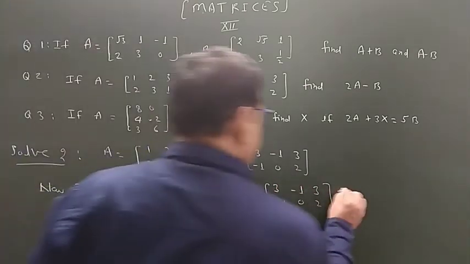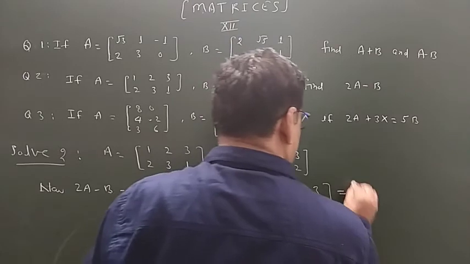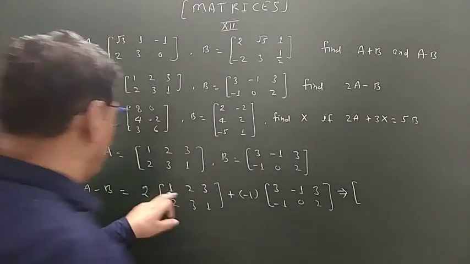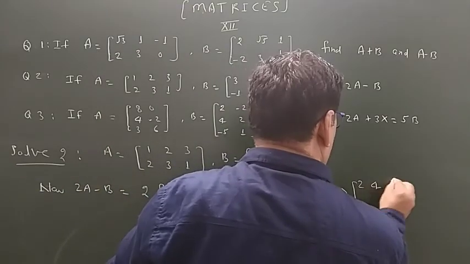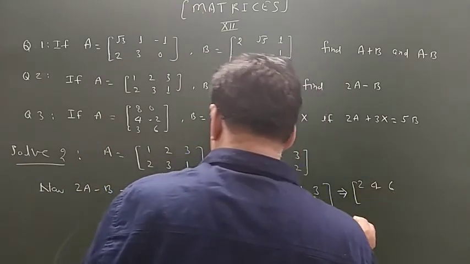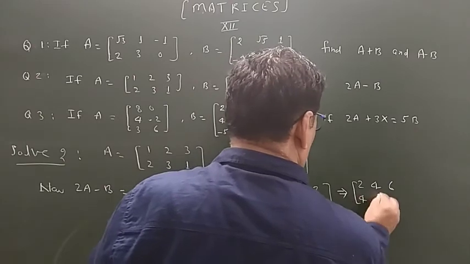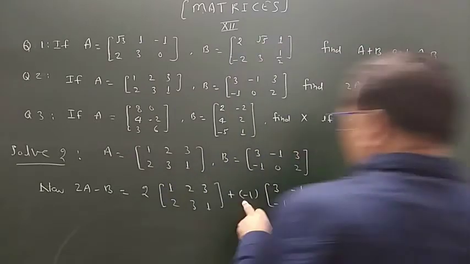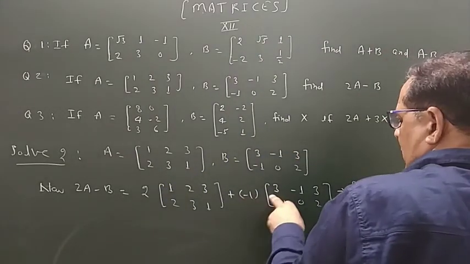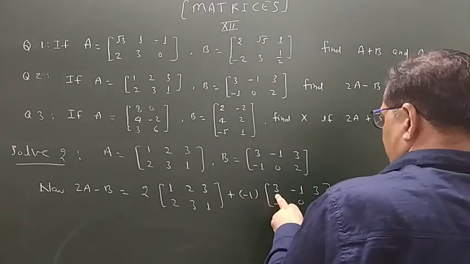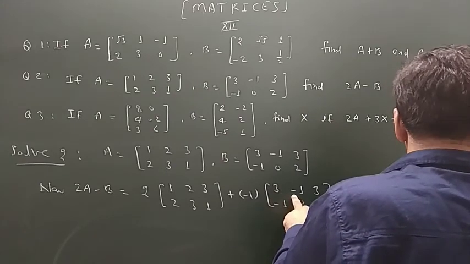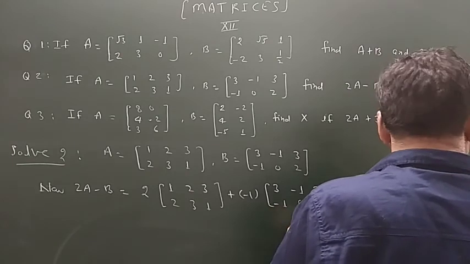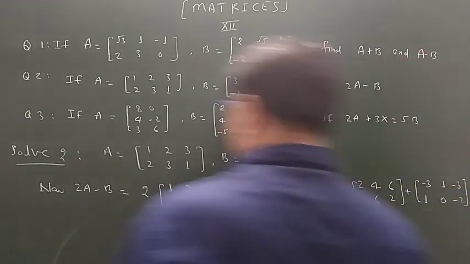So now this becomes: multiplying inside the matrix, 2, 4, 6, 4, 6, 2 for the first matrix, and for the second matrix, multiplying by minus 1, this becomes minus 3, 1, minus 3, and second row 1, 0, minus 2.